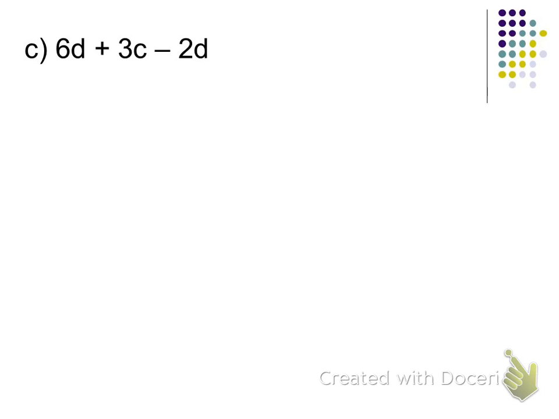All right. Part C. What are the like terms? Yes, ma'am. 6d and negative 2d. Very good. The d's are going to go together. So that's like 6 minus 2, essentially, and then the d just sort of comes along for the ride. Questions?